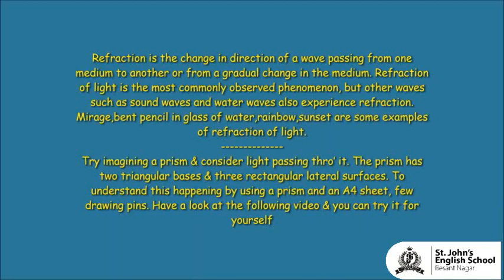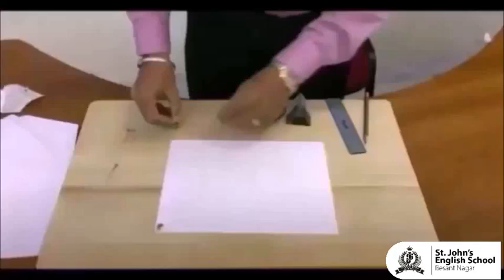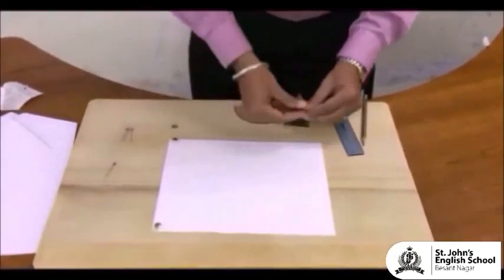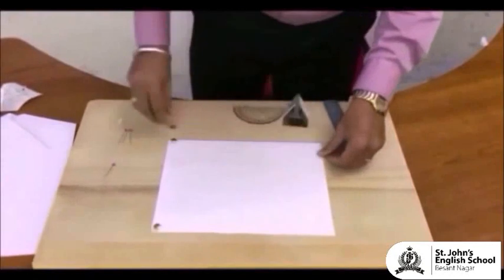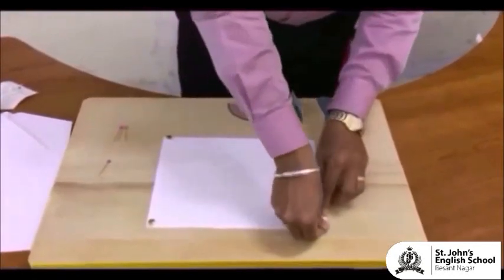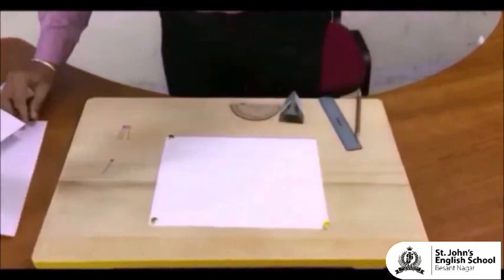First, let us see refraction of light through prism activity. To have a better understanding, have a look at the following video and you can try it for yourself. So let's begin with the experiment, and this experiment will almost be same as the refraction through glass slab experiment.